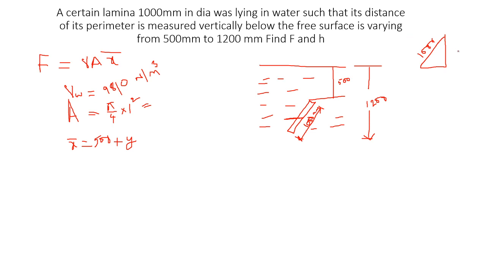This side is 1000. Here I am taking 1200 and deducting this 500. What will be the remaining portion? That is 700. Then how do you find the y? Y divided by 700 is equal to this 500 divided by 1000.